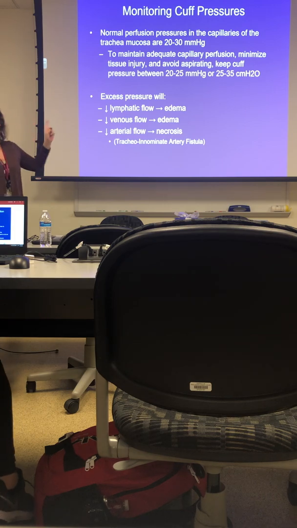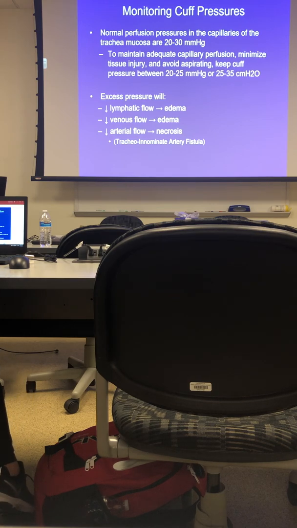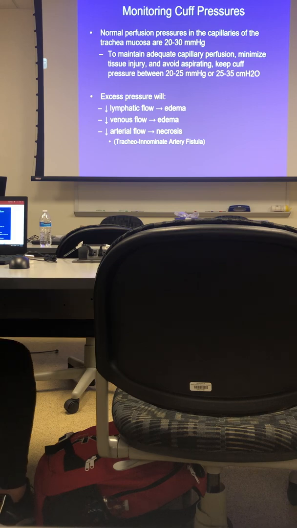When we use a cufflator, I don't know if I have one back here. Let's see if I have one. I'll look for one. I don't see one right now. But when we use a cufflator, and I'll show you what it looks like, we measure in millimeters of mercury.